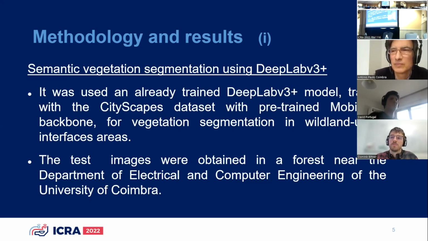Professor, I also have a question, which is, in which applications do you feel that YOLO V5 would be better in classifying vegetation, as, for instance, comparing against semantic segmentation? We are still working on this matter, so I still don't have, let's say, a final answer to that question.